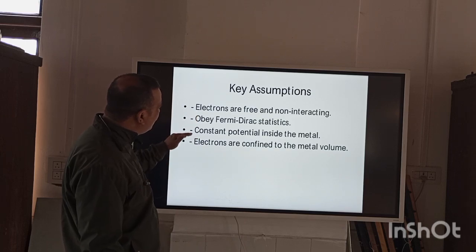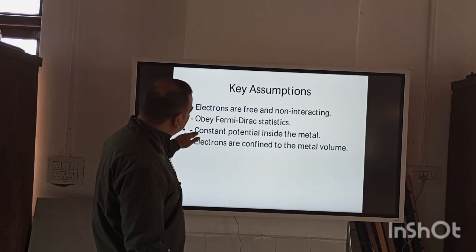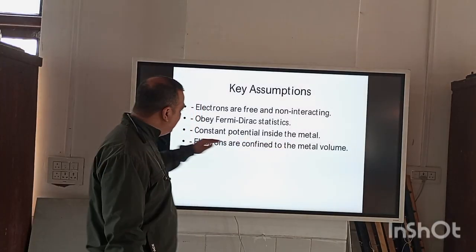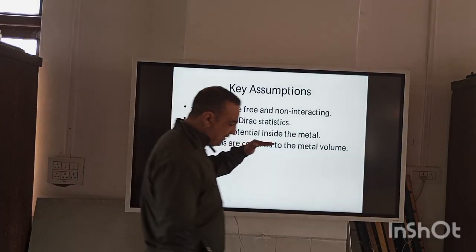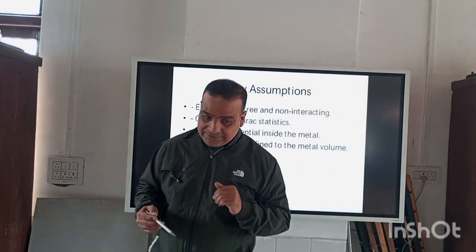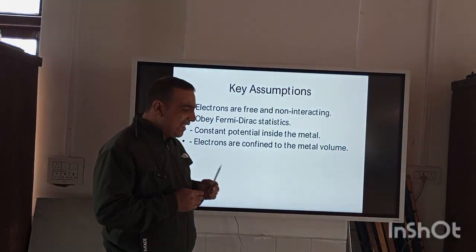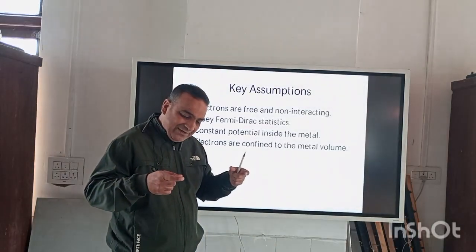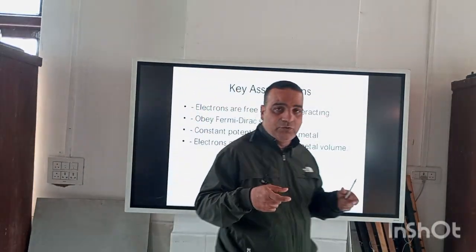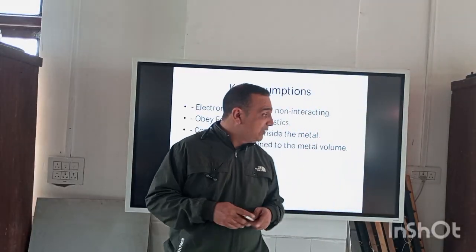And what is assumed is that the potential inside the metal is constant. So here we assume that the potential inside the conductor is constant, and at the same time the potential at the surface of the conductor is assumed to be infinite.